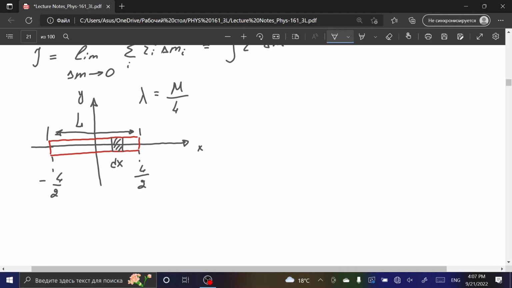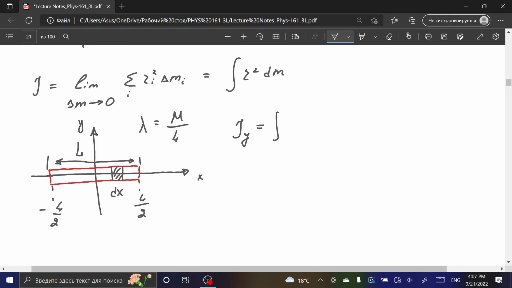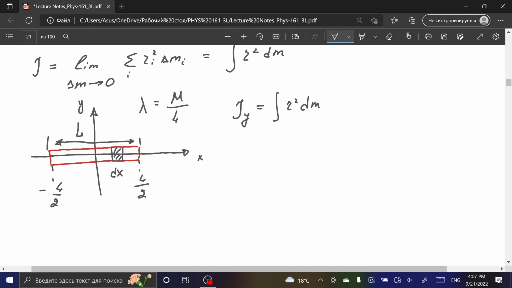So let us write here I_y will be equal, so let us write this general equation, r squared dm. So r here will be the distance, the position of this small element with respect to the origin of the coordinate along axis x. So that will be some coordinate x. So instead of r squared, we write here the integral over x squared.